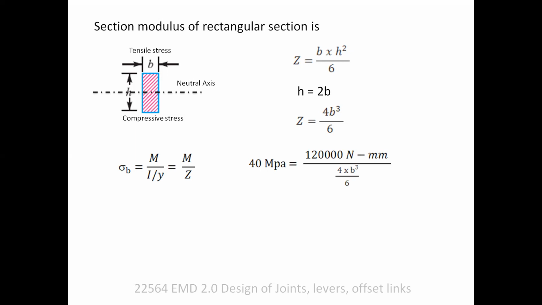Then that gives us the value of B. That value of B comes out 16.5 mm. So when I know that particular B, we can find value of H, which is depth of that particular beam, which is 2 into 16.5, 33 mm. So by this way, we can find the dimensions of a cantilever.